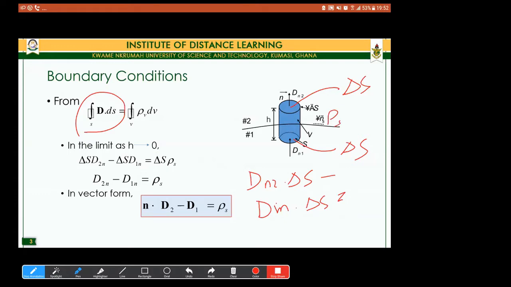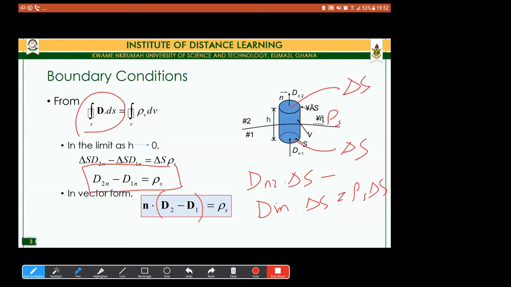The surface charge times the surface delta S. So you can see that delta S cancels out because it's common to all the terms. And therefore we have D2N minus D1N equals rho S. Or you can write it in this form. I don't know why the bracket always doesn't show.